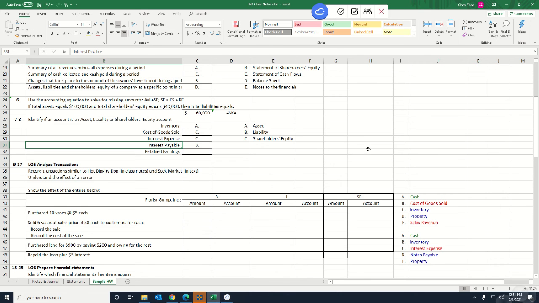Again, in accounting, let me give you a shortcut. If you see something payable, it must be a what? Liability, correct. That's what you owe.